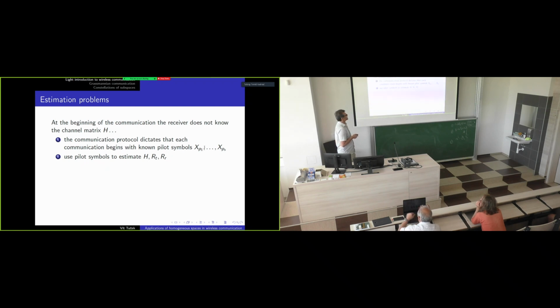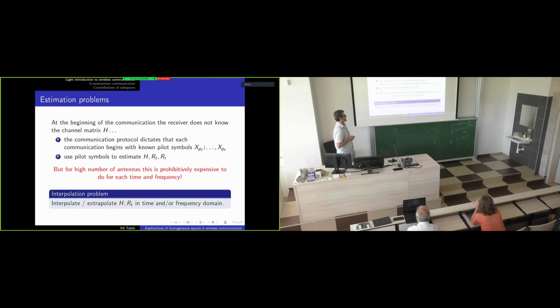Where would you get it? The communication protocol dictates that there will be some pilot signals which are known both to the transmitter and the receiver. And if you know what you should be receiving, you can use that information to estimate the channel matrix and the correlation matrices that you would like to use for detection or improvement of the channel.